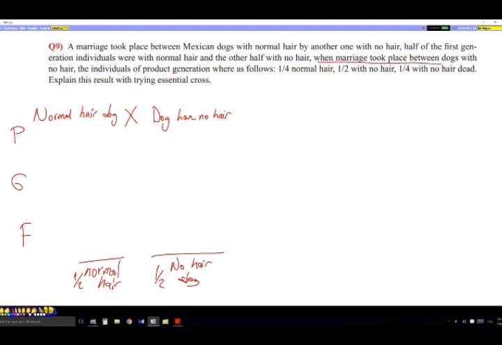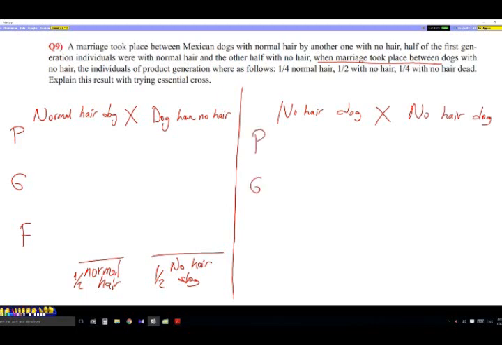When a marriage took place between dogs with no hair, one no hair dog mated with another no hair dog, the parents produce gametes, and fertilization forms the filial generation.